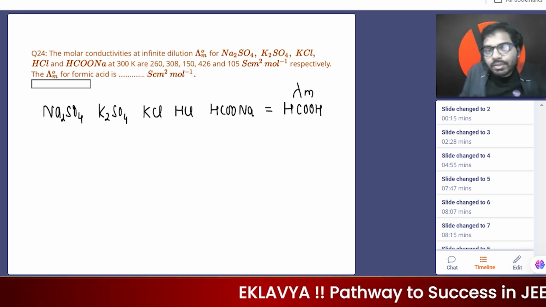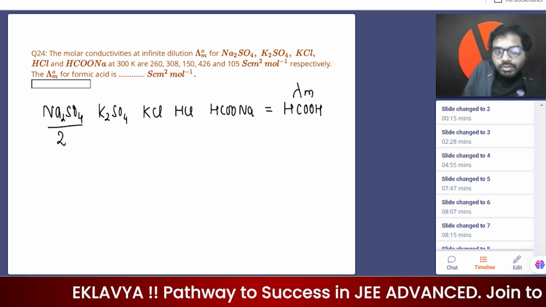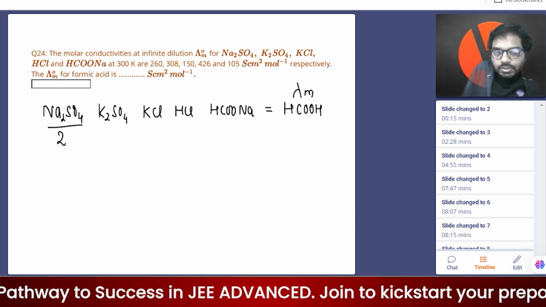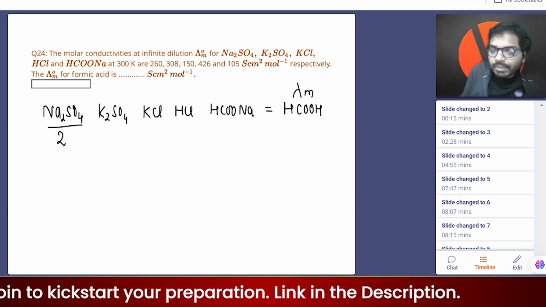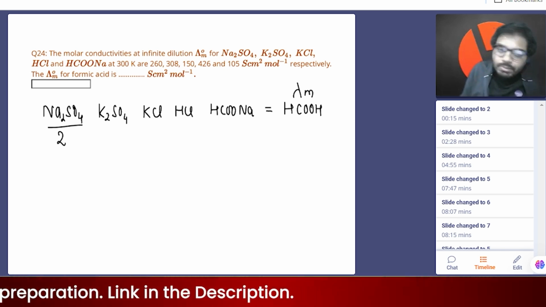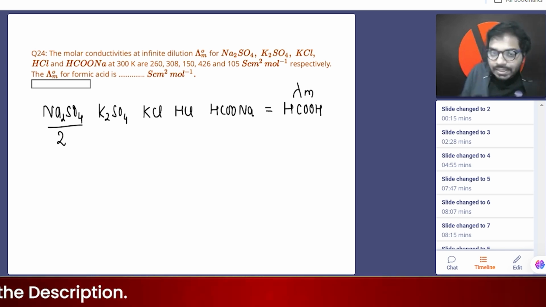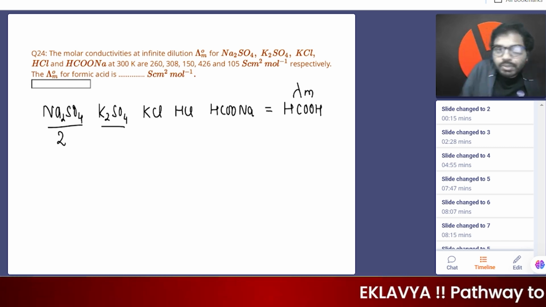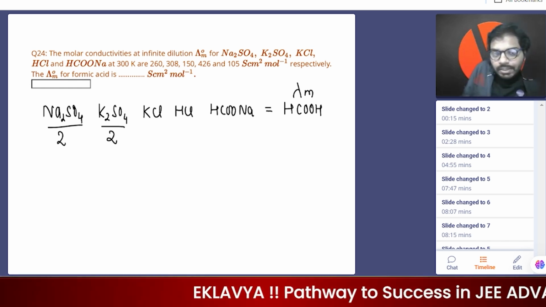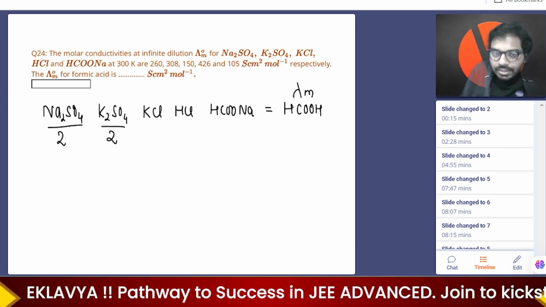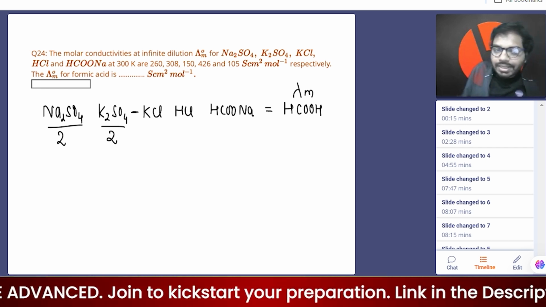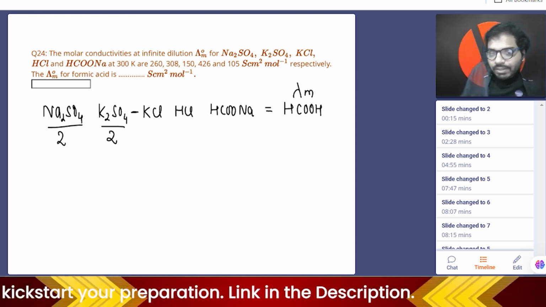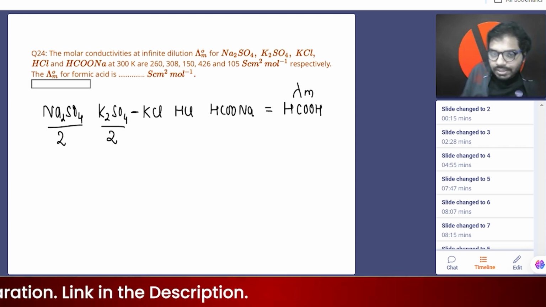So what I can do here, okay, if I divide by 2, suppose, because in sodium formate one sodium is present, but here 2 sodium is present. You can see in the potassium sulfate K2SO4, while in KCl only a single potassium is present. So I will divide it by 2. I hope the point is clear. Now I can put here a negative sign. So what will happen if I put a negative sign? This K will get cancelled and this Cl of HCl will get cancelled.